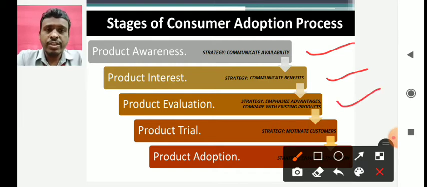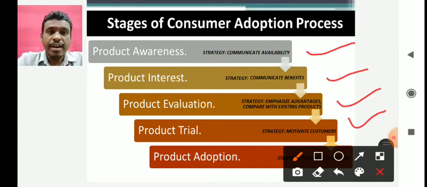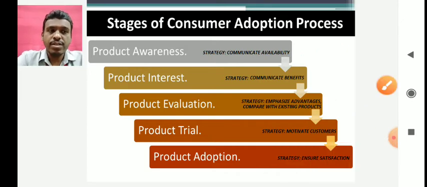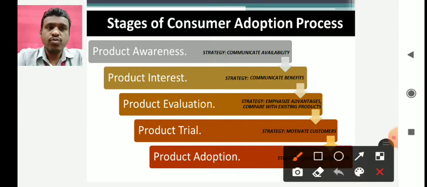Then evaluation, where they evaluate your product, especially with respect to the competitors. Then comes product trial, that is they take some samples and try the product. And lastly, product adoption, that is the product is adopted for regular use. So let us take these steps one by one.